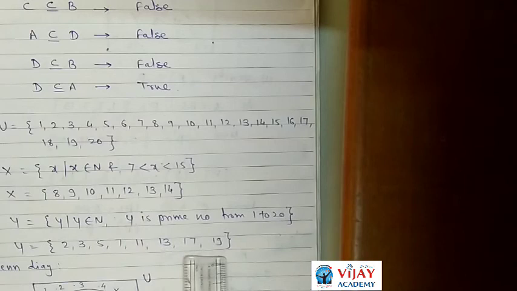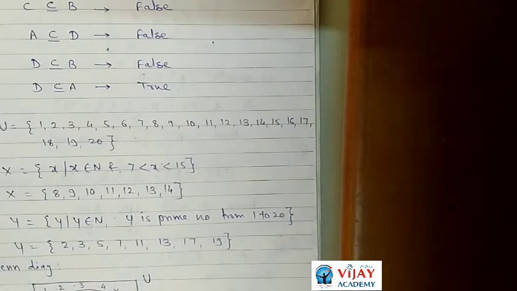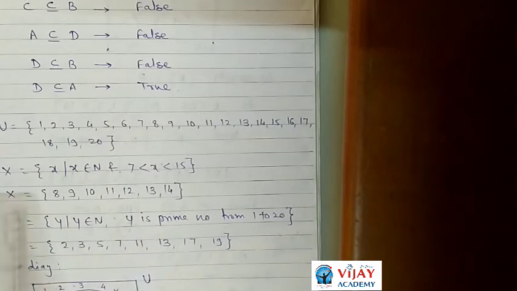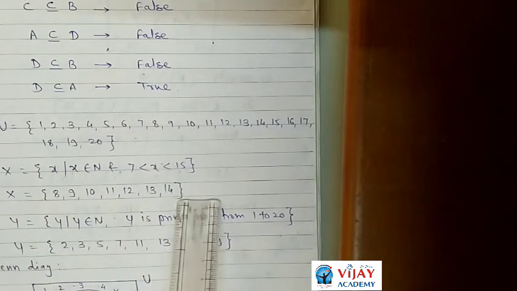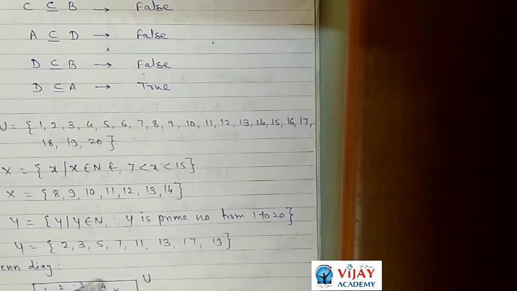So by Venn diagram, while representing these two sets X and Y, you have to draw the diagram separately. First, for the X set, you have to write all the elements of set X inside this box, because X is a subset of the universal set.